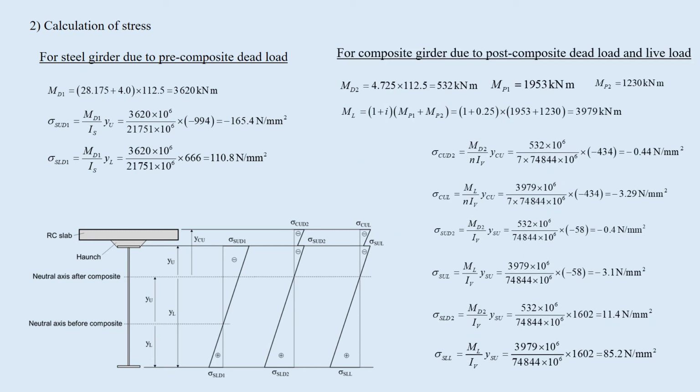The stress of the composite section, namely the steel section and the RC slab, due to the post-composite dead load and the live load, is calculated by these equations. For the stress calculation of concrete, the Young's modulus ratio n should be included.